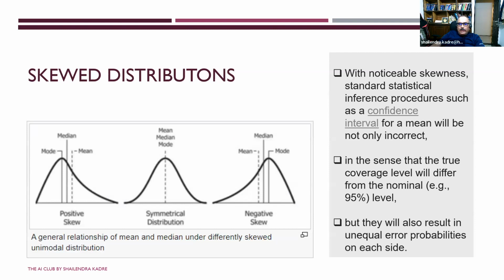One thing I told you in the beginning itself is that whenever data is skewed, our mean, median and mode will never be the same. But if data is normally distributed, mean equals mode equals median. If data is positively or negatively skewed, then mean will not be equal to median, and median will not be equal to mode.